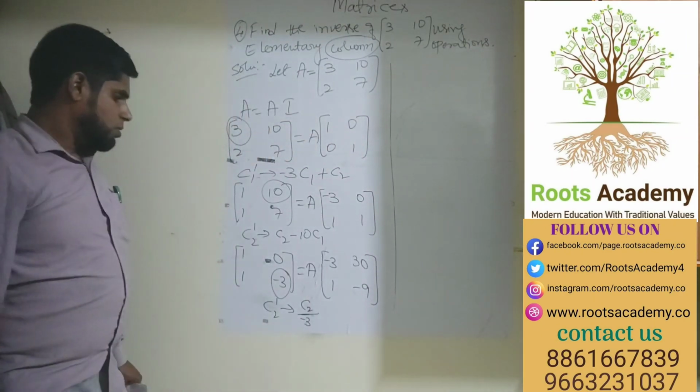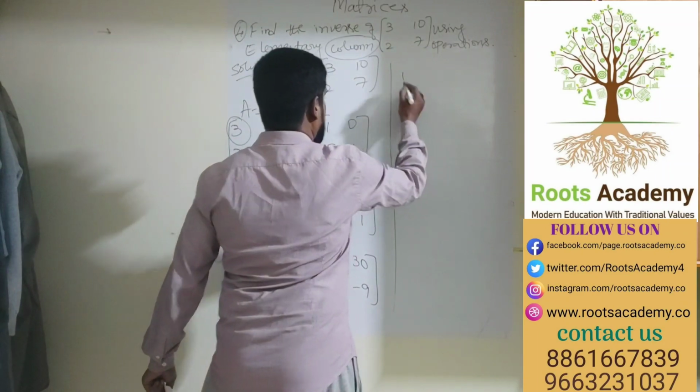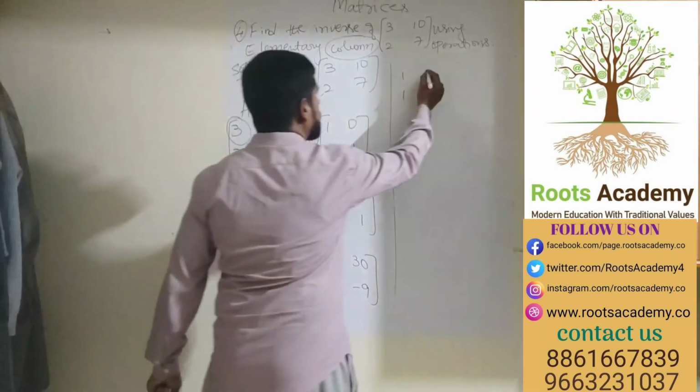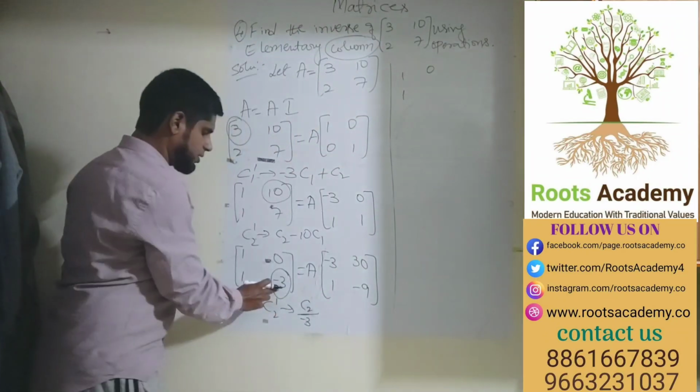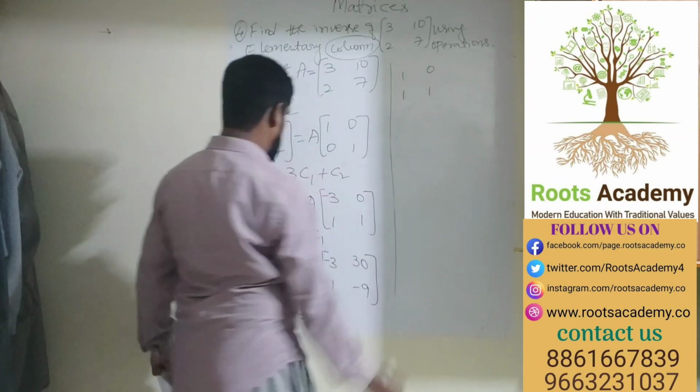So what do I get now? First column as it is 1, 1. 0 divided by any number, it's 0, no changes. Minus 3 divided by minus 3 is 1.